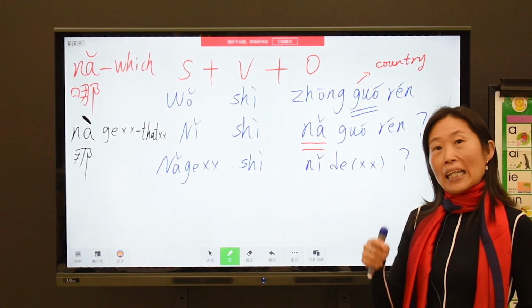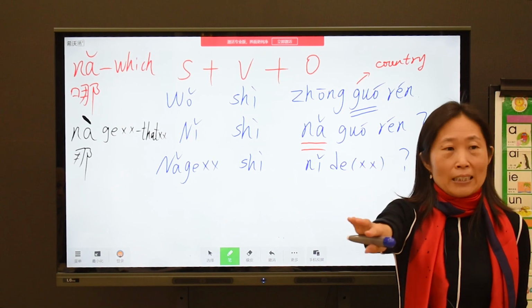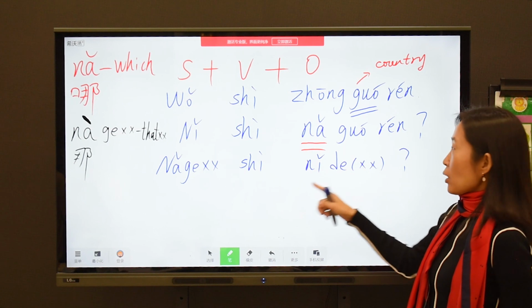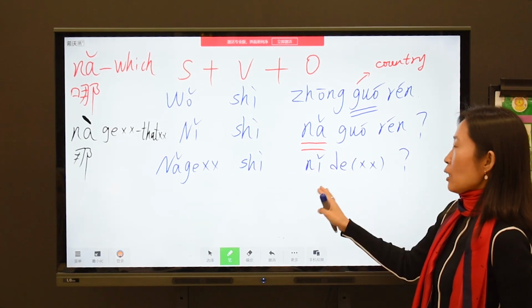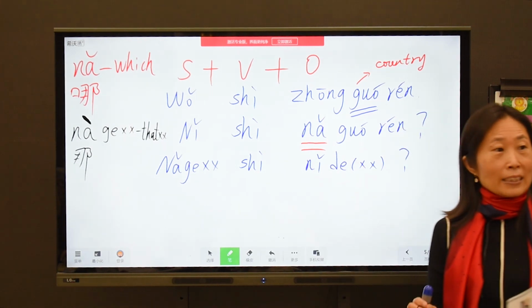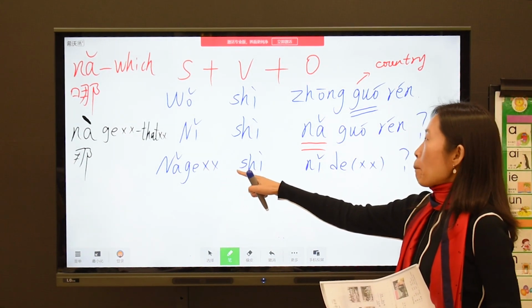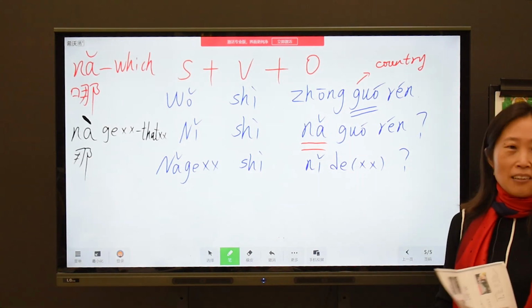For example, say actually 哪个咖啡是你的咖啡, right? We omit the nouns because usually we just say 哪个咖啡是你的 or 哪个猫是你的. Yes. Understand? And this is a question by accident. It's the beginning. Actually also can be here.